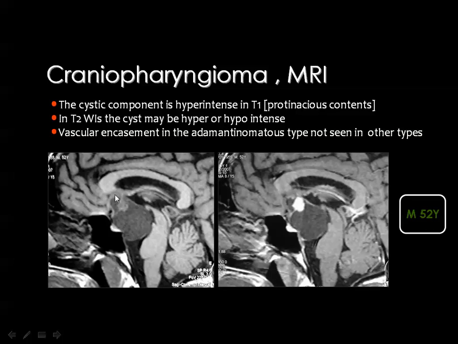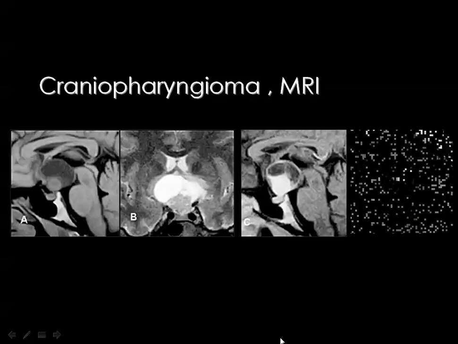This is a pre-contrast study showing a cystic lesion in the suprasellar area, and there is a solid component which is intensely enhancing after contrast injection. You can easily appreciate that the lesion is quite separable from the enhanced pituitary gland.